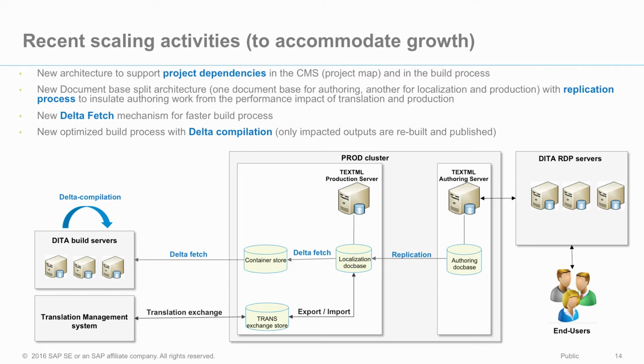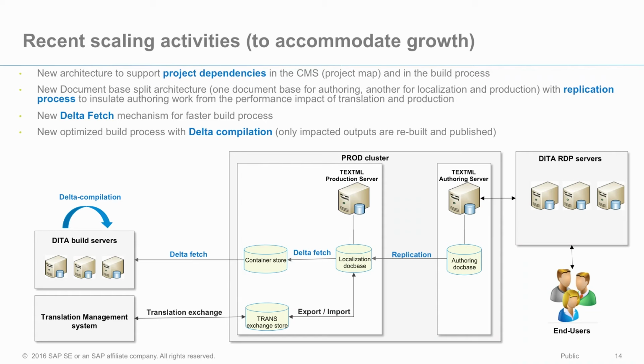We have also implemented what we call delta fetch. This was important to have faster builds, so we don't need to fetch the whole content of the project. For each daily build, we fetch only the delta. With this, for example, we were able to reduce the build time for some monster builds from 7 hours to 1 hour. This was a big achievement.